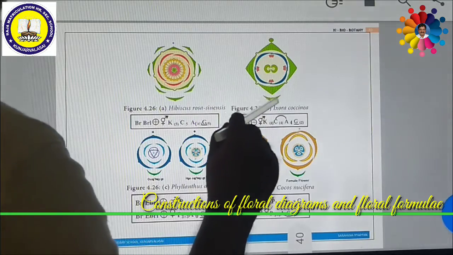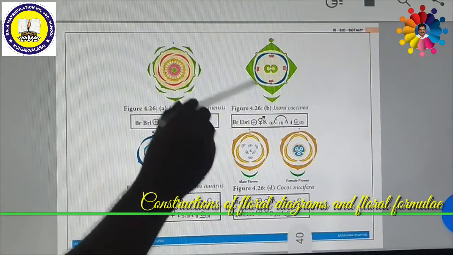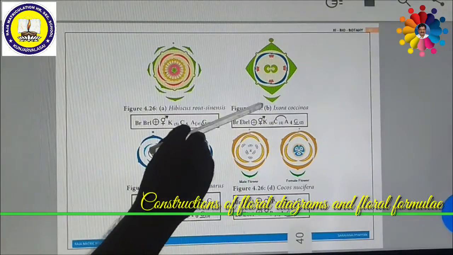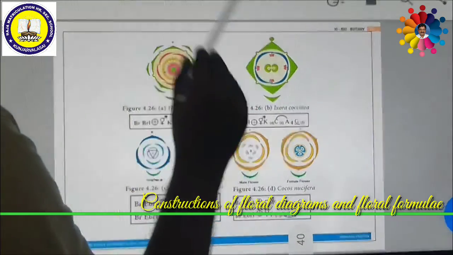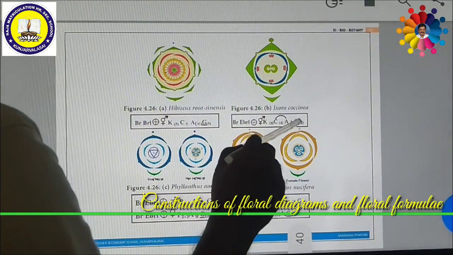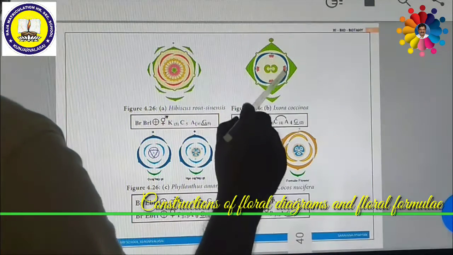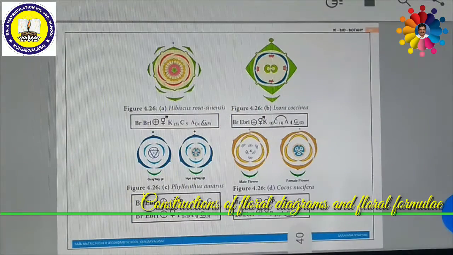So these can be represented in a floral formula as well. It is having bract, but there is no bracteole, Br, actinomorphic, then bisexual, calyx 4 united, corolla 4 united, then androecium 4 free but epipetalous. Then gynoecium, superior ovary, 2 carpels are united. So this can be written in such a manner.